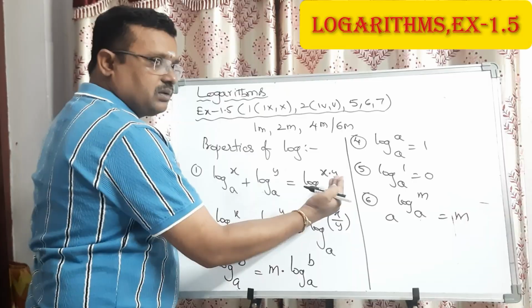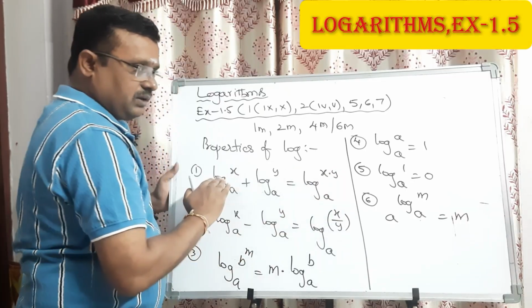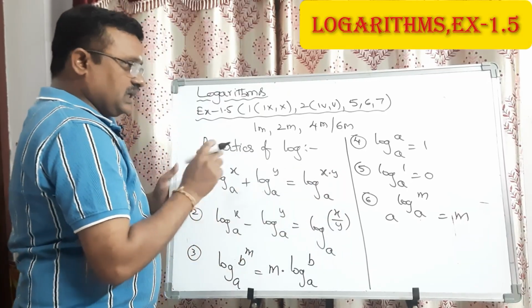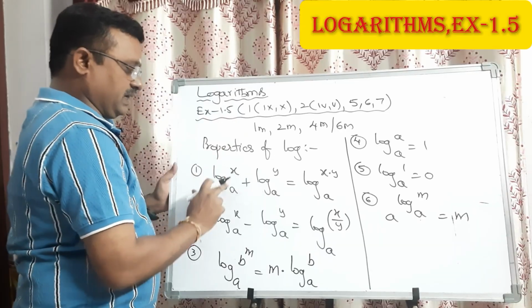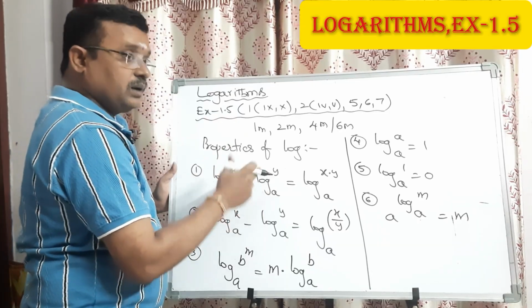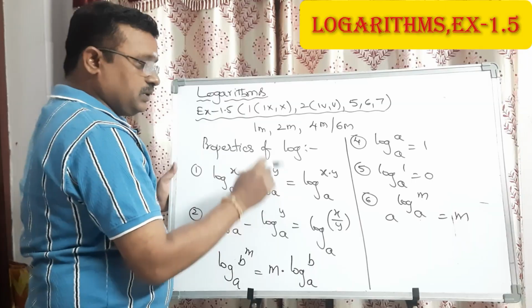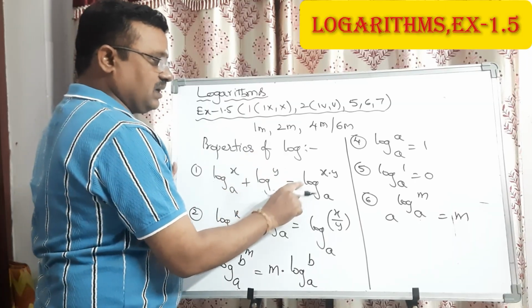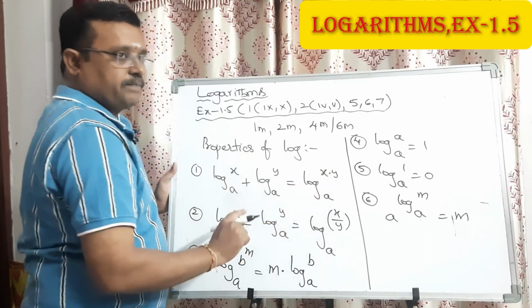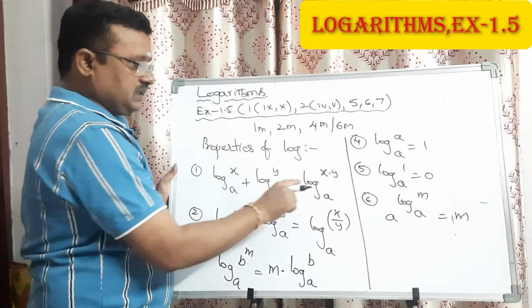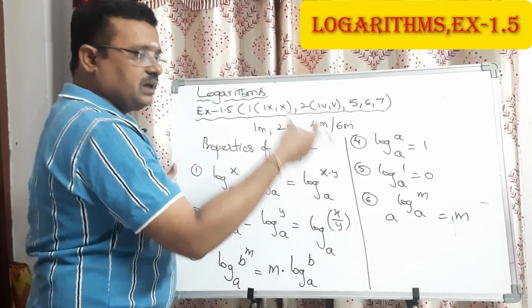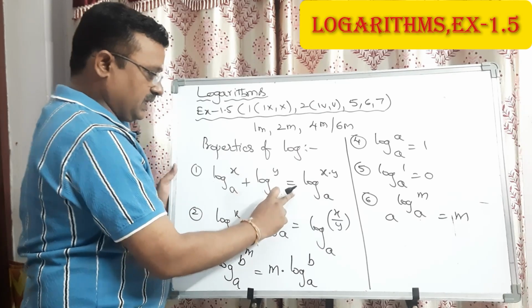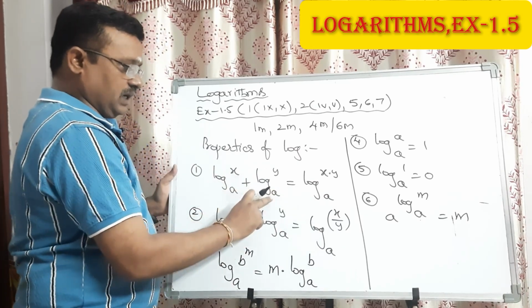Left to right you have to remember, and right to left also. If the problem contains log x base a plus log y base a, in the next step you have to write it as log x into y base a. Whereas if the problem contains log x into y base a, it should be written as log x base a plus log y base a.